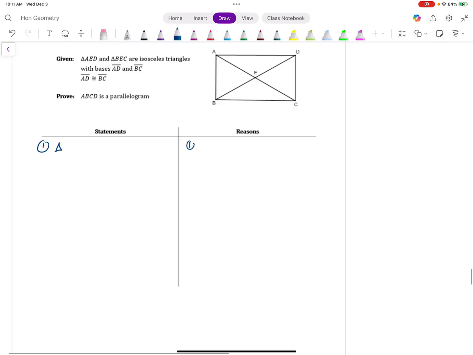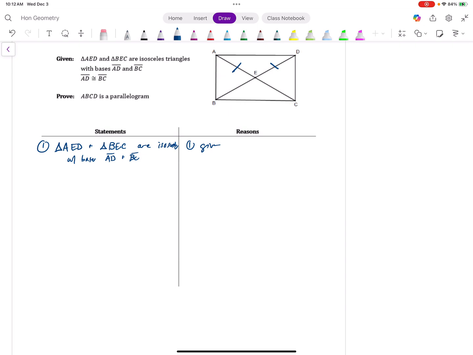So triangle AED and triangle BEC are isosceles with bases AD and BC. All right, so AED with base AD. So that means that's congruent to this.